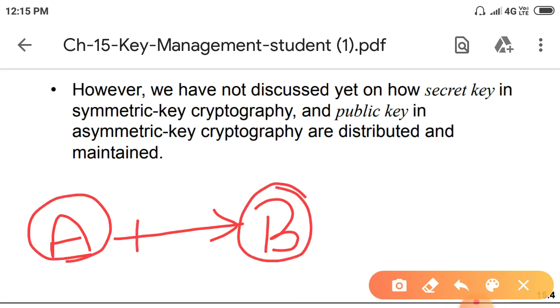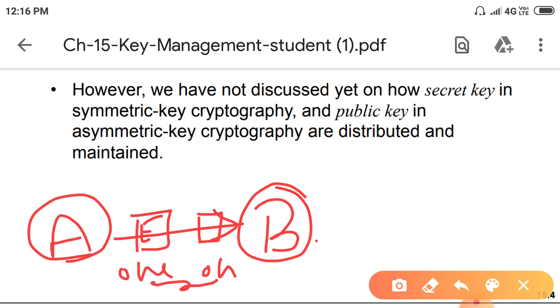For encryption, at the sender side, we use one key. At the receiver side, to decrypt this message, we use one key. These two keys are the same, so the one key is shared between these two parties. That is symmetric cryptography.